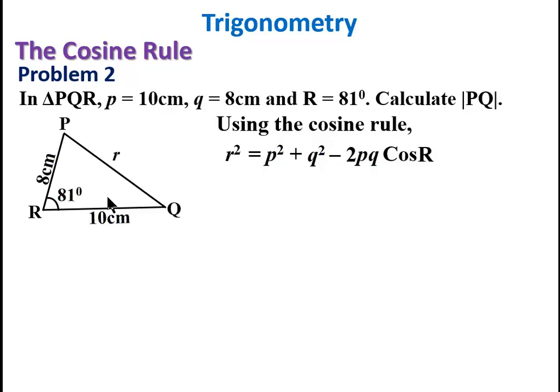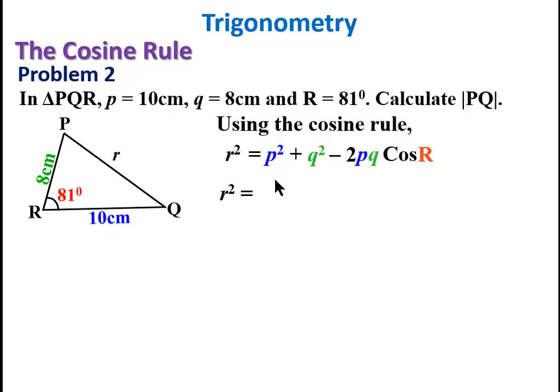So we now substitute in the values of P, Q and angle R. For P we put 10, for Q we put 8, and for R we put 81 degrees.